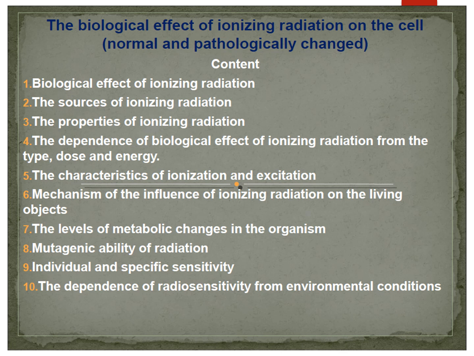The contents are the biological effect of ionizing radiation, the sources of ionizing radiation, the properties of ionizing radiation, the dependence of biological effects of ionizing radiation on the type, dose and energy, the characteristics of ionization and excitation, mechanism of the influence of ionizing radiation on living objects, the levels of metabolic changes in the organisms, mutagenic ability of radiation, individual and specific sensitivity, the dependence of radiosensitivity on environmental conditions.